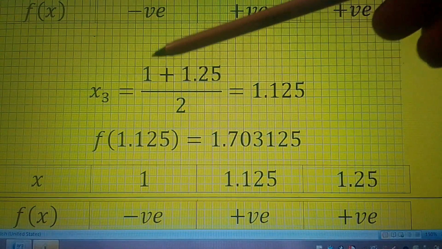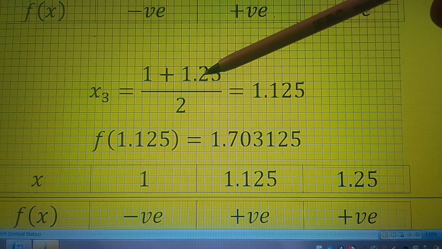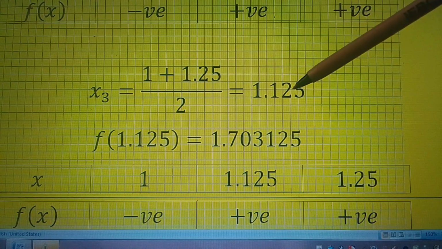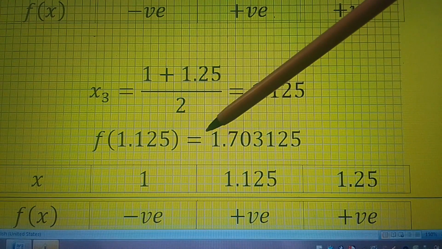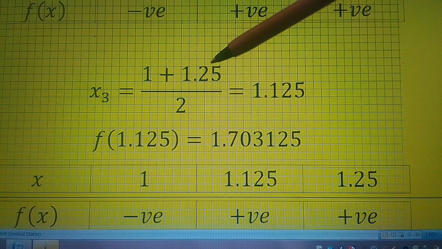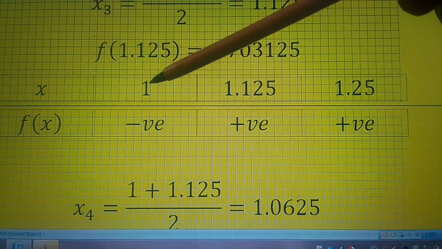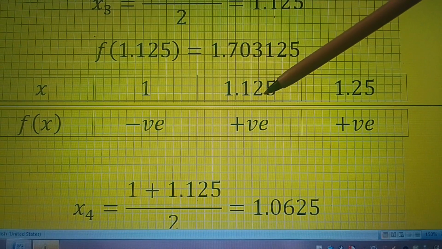For x3, it will be 1 plus 1.25 divided by 2, which gives us 1.125. f of 1.125 is positive 1.703, and that implies that the root exists between 1 and 1.125.